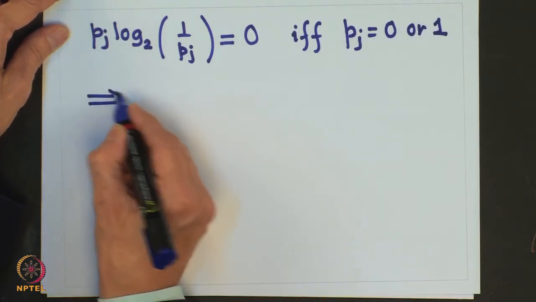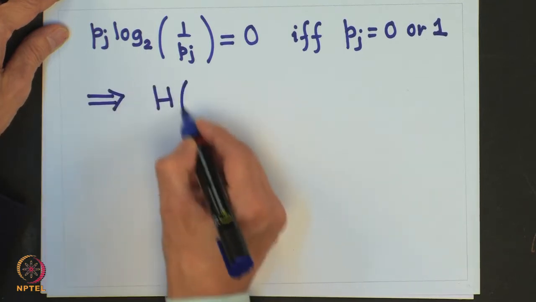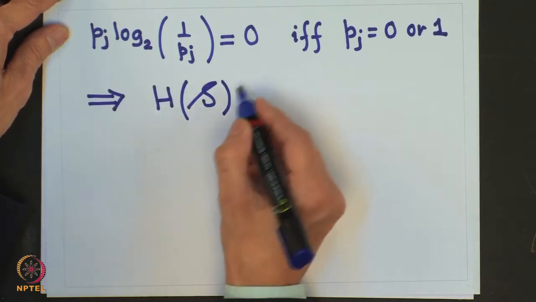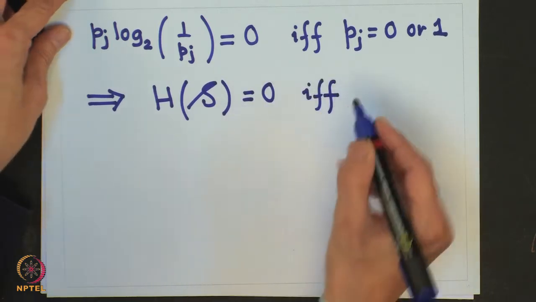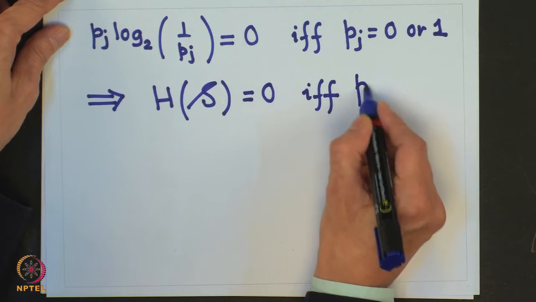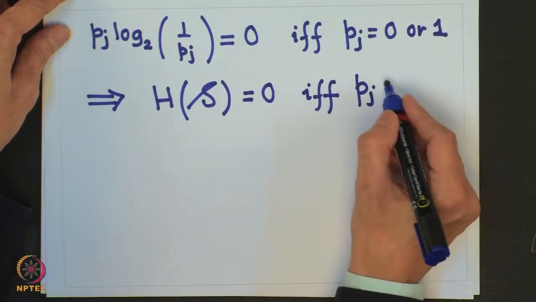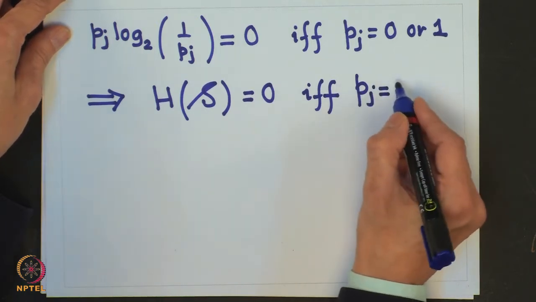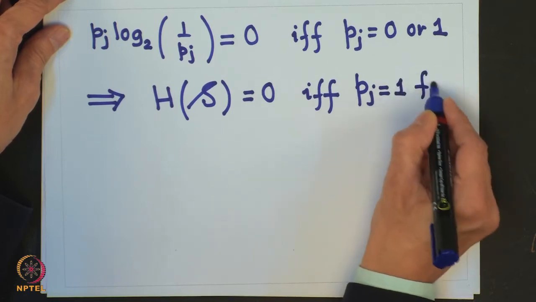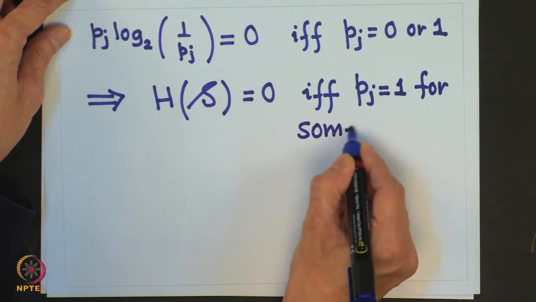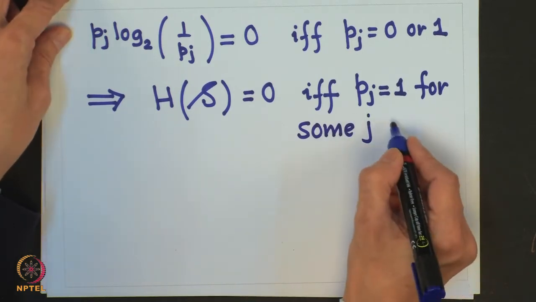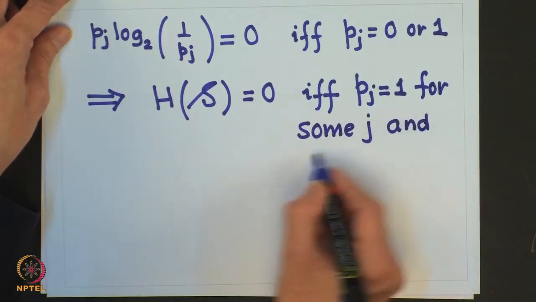So, this implies that the entropy of the source is equal to 0 if and only if pj is equal to 1 for some j and all the rest are 0.